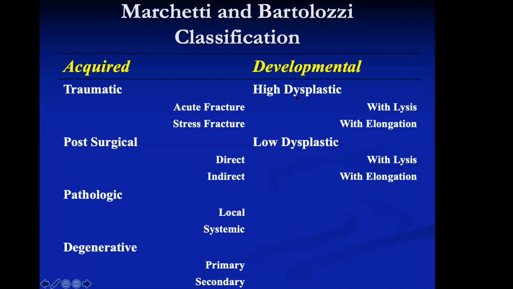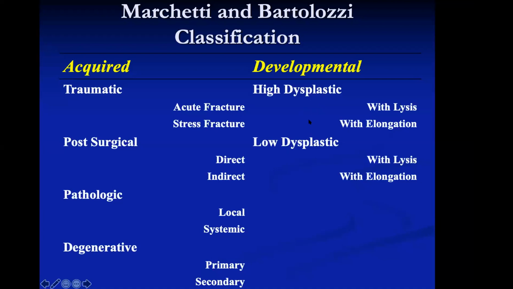The more the dysplasia, the higher the potential for the vertebra to slip. So in lower dysplastic, again we have lysis. Lysis is where there is a break in the isthmus, usually bilaterally, or there is elongation of the isthmus. Okay, so this causes spondylolisthesis.